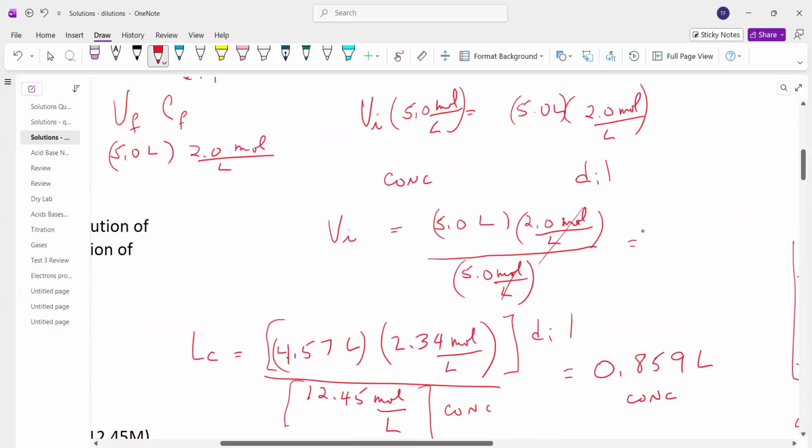Okay. So we end up with, can we do this without a calculator? Yes, we can. What cancels? The 5s cancel, exactly. So what are we left with? 2.